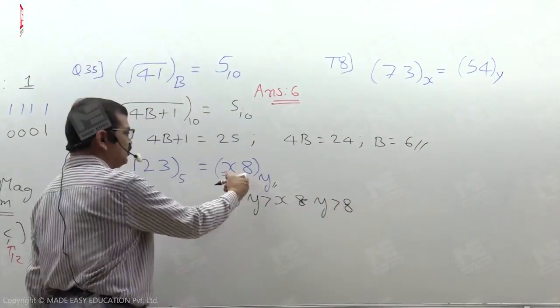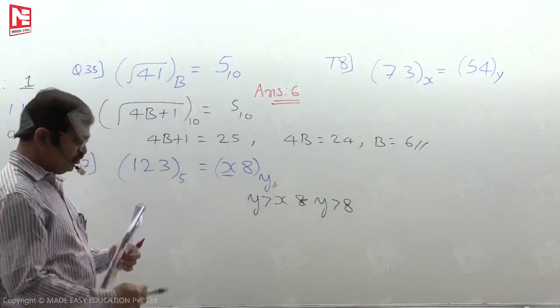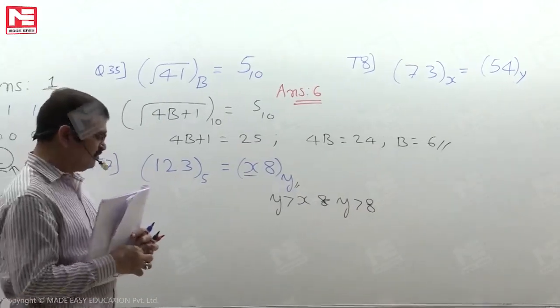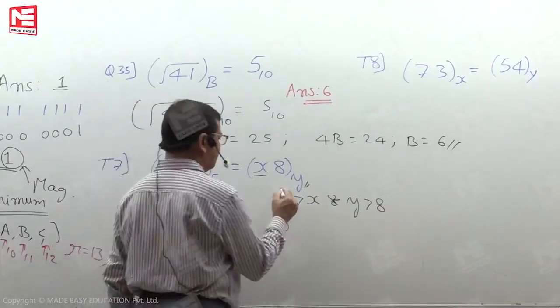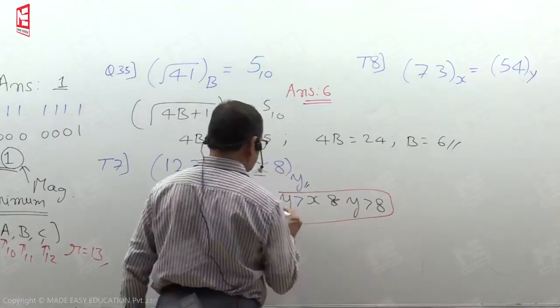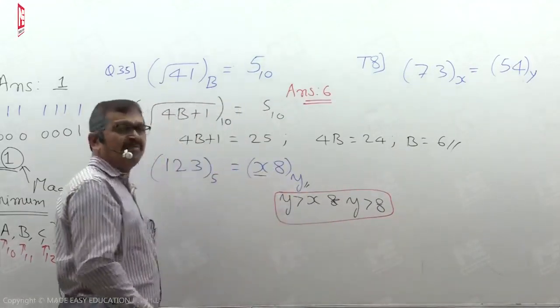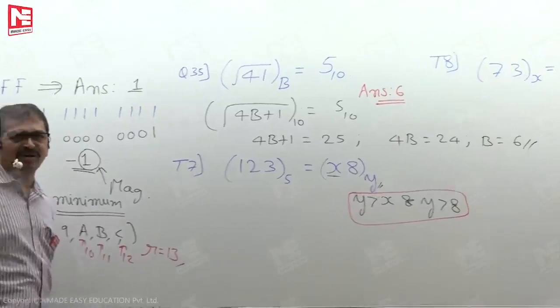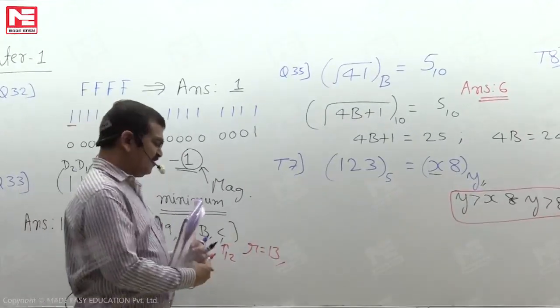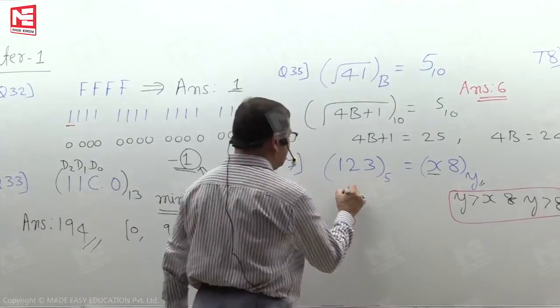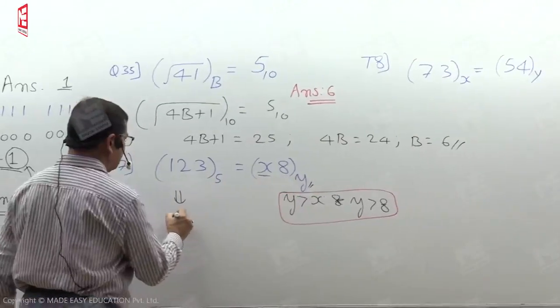So these conclusions we need to remember while answering this. If we do not remember these conclusions, there is a possibility to give the wrong answer. Now, the equivalent decimal value for this is 38.